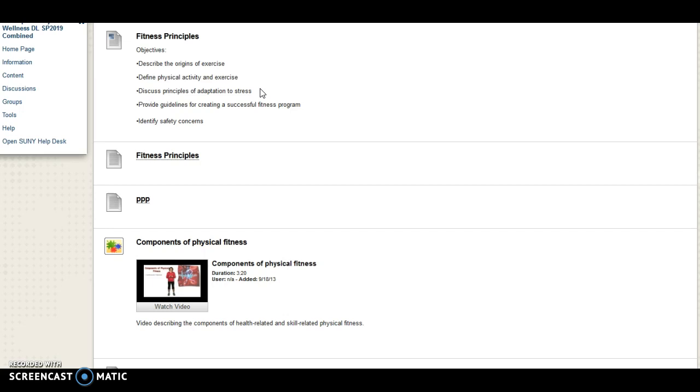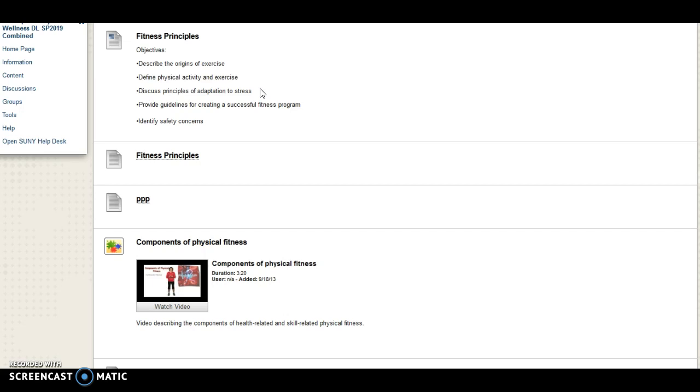So cardiovascular, also known as cardiorespiratory endurance, is your body's ability to take in, transport, and utilize oxygen. So that is one component of health-related fitness. Muscular strength, muscular endurance, flexibility, and body composition are the four others. And so those are the health-related fitness components.